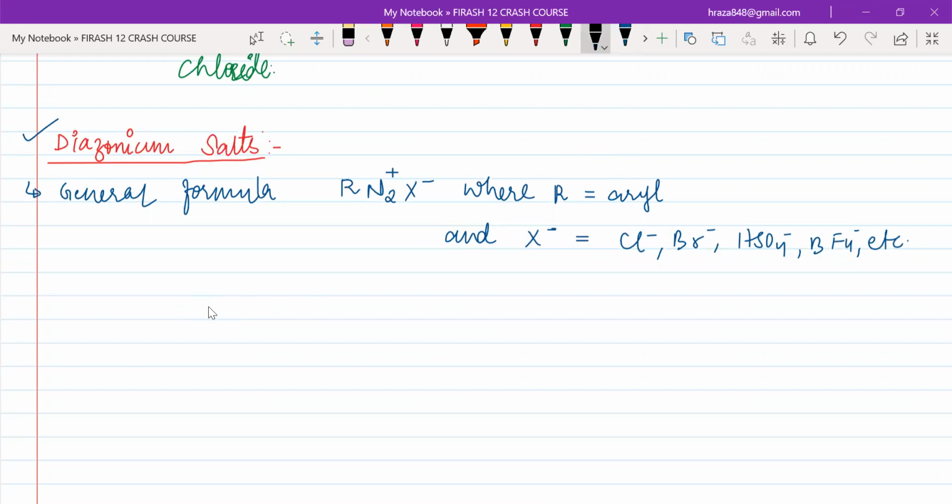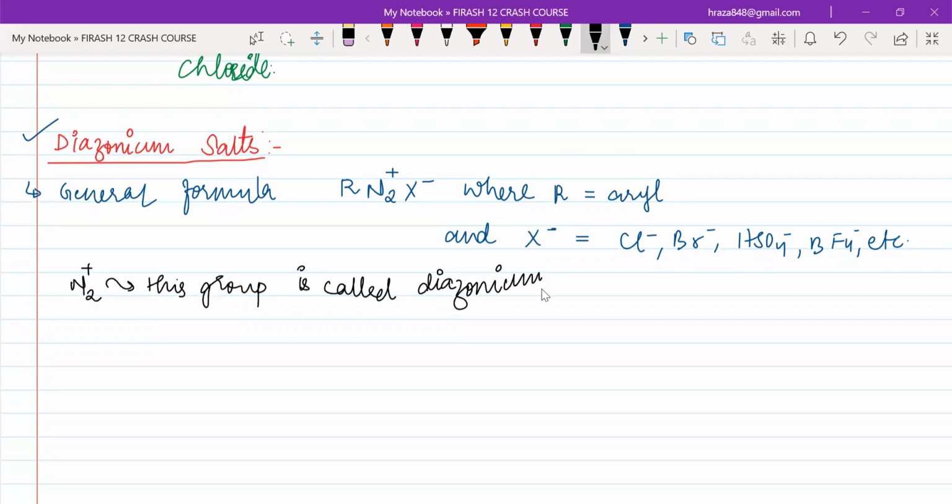The most important point is that this N2+ group is called the diazonium group.